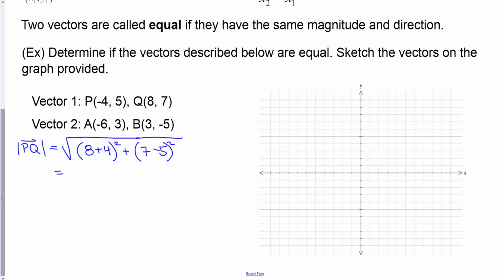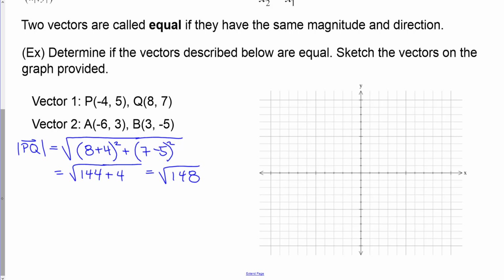So 8 plus 4 is 12. When I square that, that's 144. 7 minus 5 is 2. When I square that, that's 4. So I get effectively the square root of 148, which I'm certain could be reduced, but I'm not going to worry about reducing it at this point because I just want to compare it to the length of the other vector.